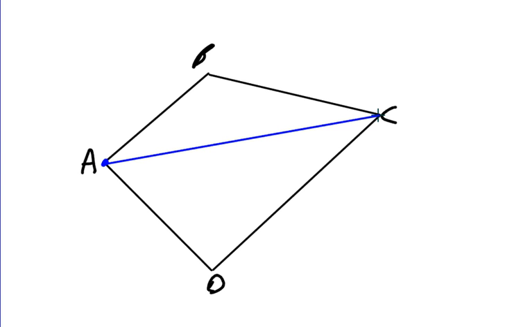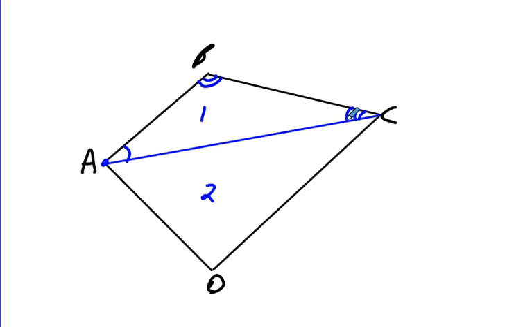All right, so what this does is it splits this polygon up into two triangles. I've got this top triangle up here and this bottom triangle down here. Each of those two triangles has three angles in it, and the sum of those three angles is 180 degrees.